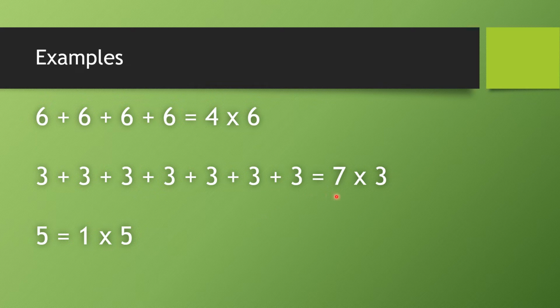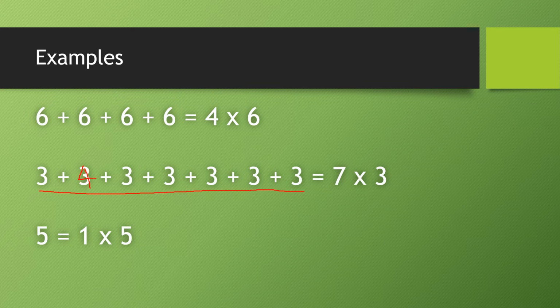Here we have how many threes? 1, 2, 3, 4, 5, 6, 7. So the same number, the same amount, is number 3. Number 3 is the same amount here. If you have 4 here except 3, can you write 7 here?